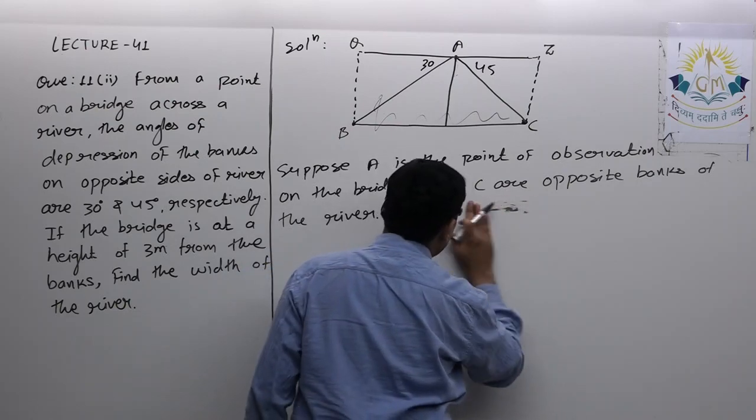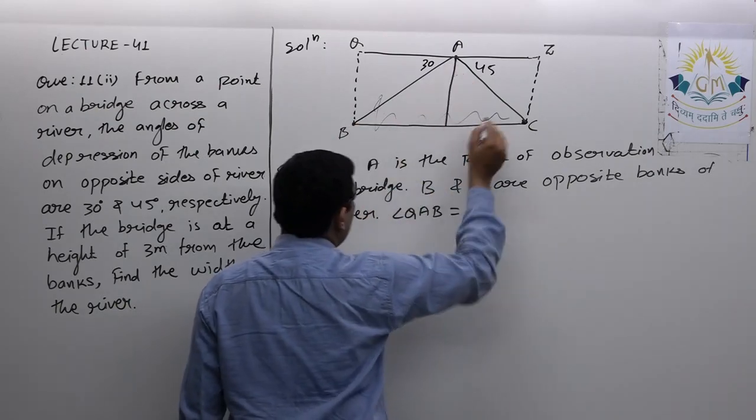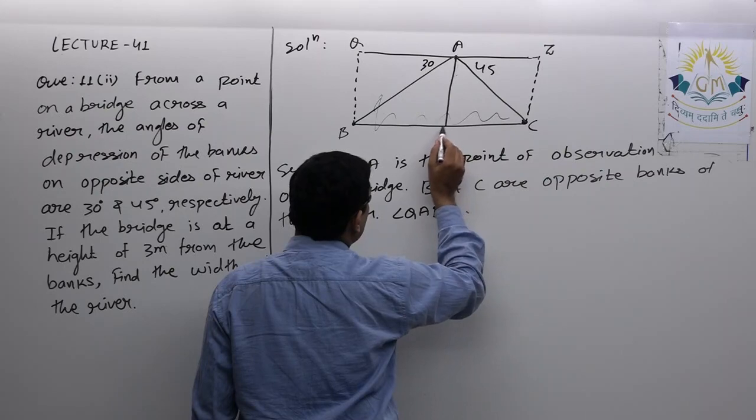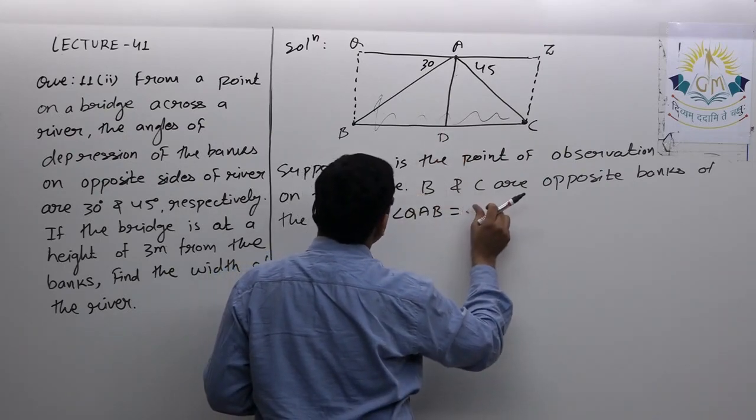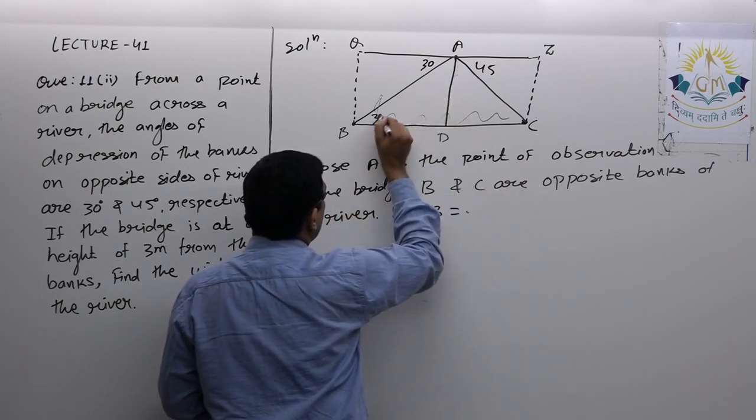Or QAB is equal to ABC, or let this point I am saying as D. So QAB is equal to ABD. By alternate interior angle this will be 30.